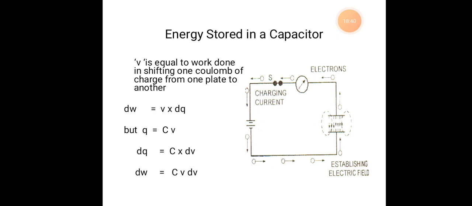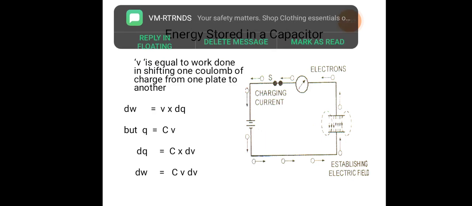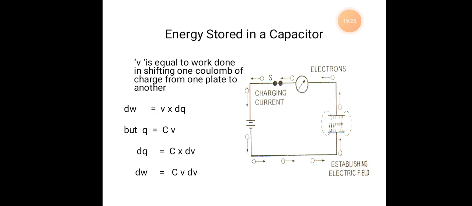That is, the work done is equal to the supply voltage V into the change of charge dq, V into dq. But the charge Q is equal to capacitance into voltage, Q is equal to CV. So the change of charge dq is equal to C into the change of voltage dV.